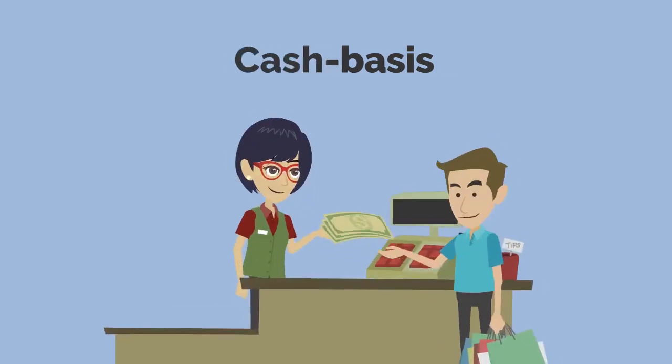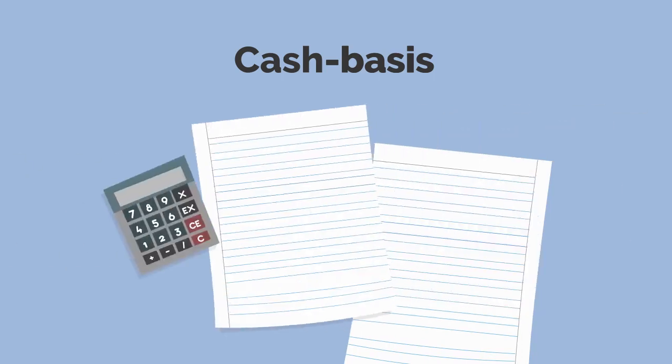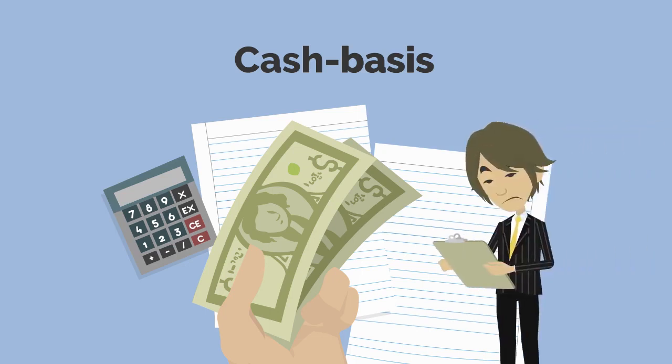The alternative is cash basis accounting, where companies record transactions when cash changes hands. On a cash basis, a company would only record revenue for a product sold on account when a customer hands them the cash for it. Although cash basis accounting may be the simpler option, it's harder to capture the substance behind transactions.